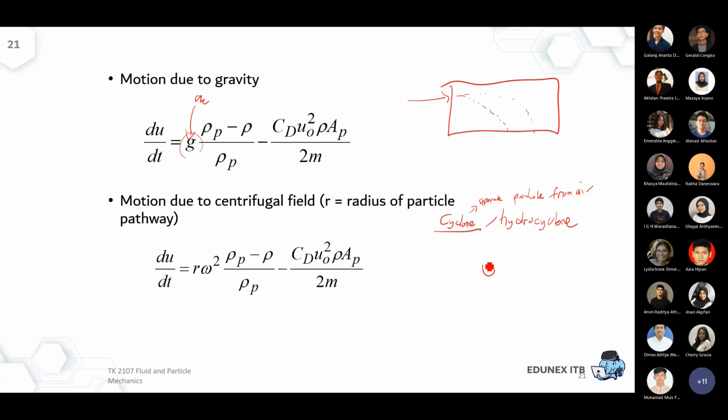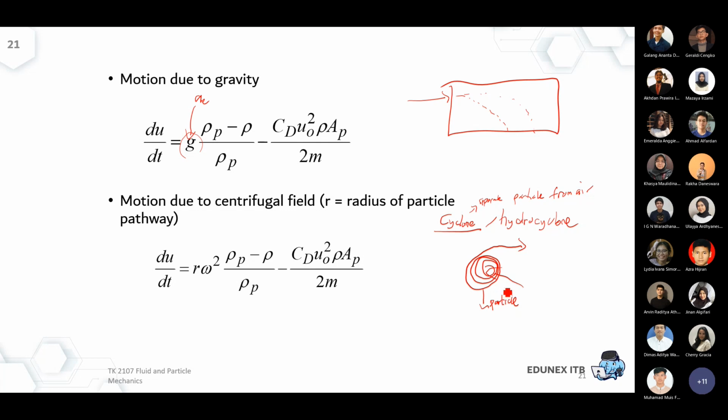So you can imagine that we have a centrifugal force of the system. The idea is the air can follow the centrifugal force and then exits the cyclone, but the particle will have a different impact because of this centrifugal force, because of this rotation.